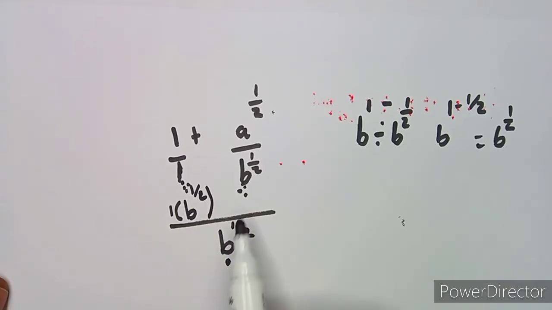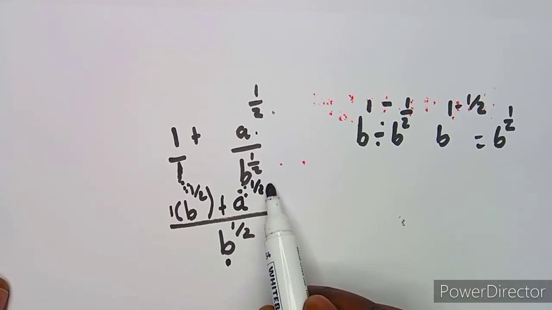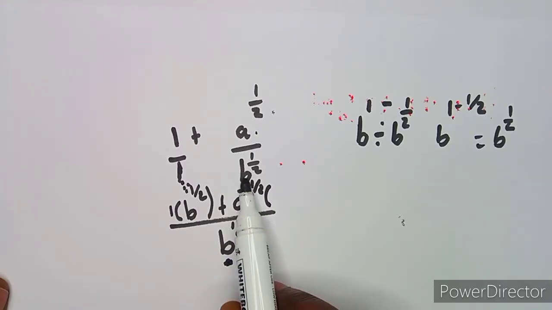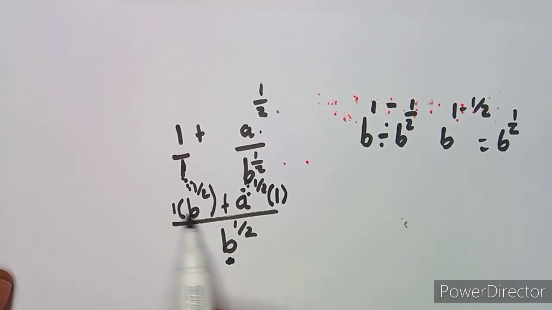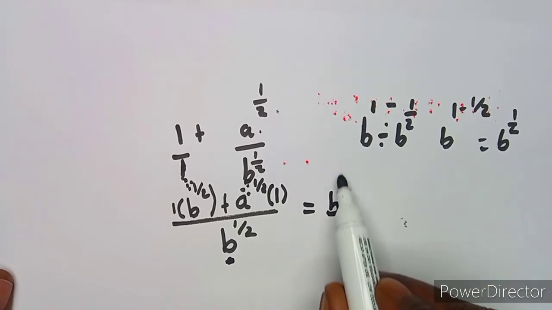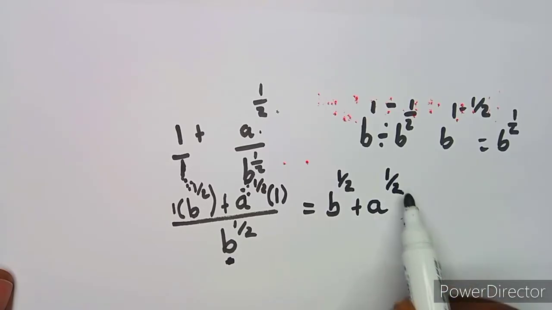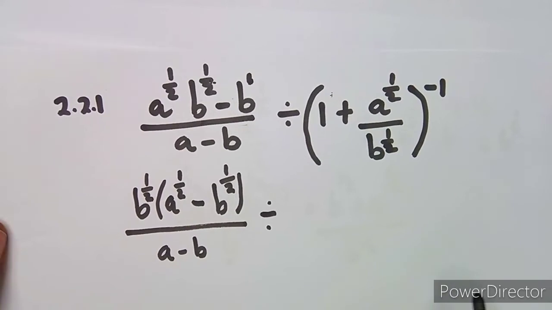This is not going to change, plus a to the exponent of half on top, multiplied by b to the exponent of half divided by b to the exponent of half, so this and this will cancel, which is going to give you a 1. But you don't cancel, you just know that it's going to cancel like this. So this is going to be b to the exponent of half plus 1 times a to the exponent of half over b to the exponent of a half. So this is what you're going to have here after adding these two under the bracket.